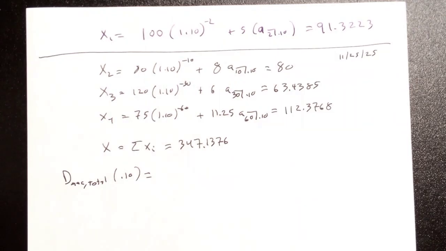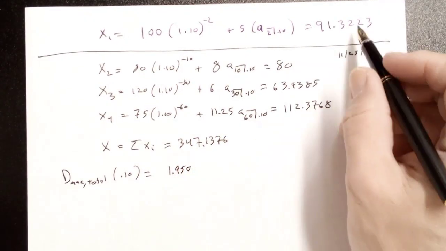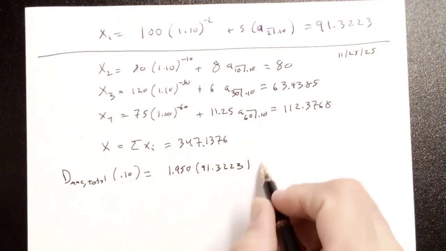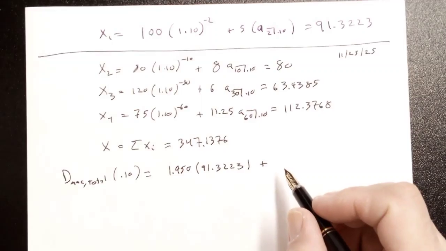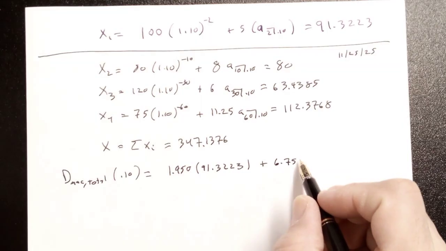So my duration can be calculated by multiplying each present value by the appropriate duration. 1.950 times the 91.3223. The duration on the 80 was 6.759.